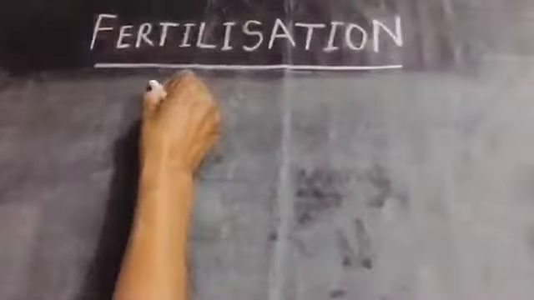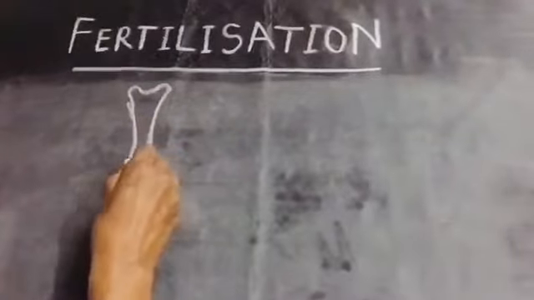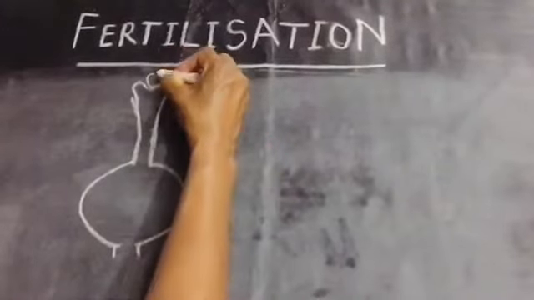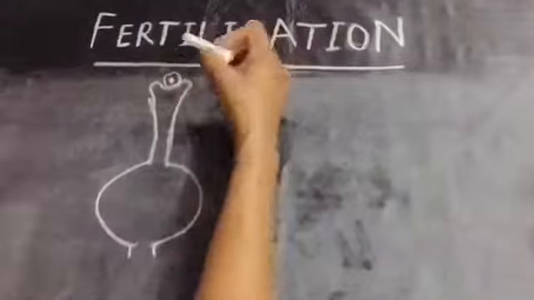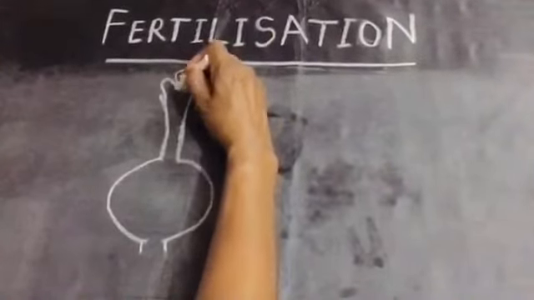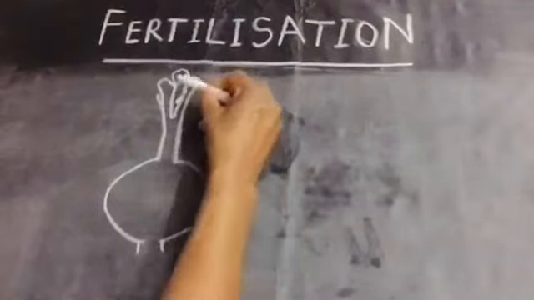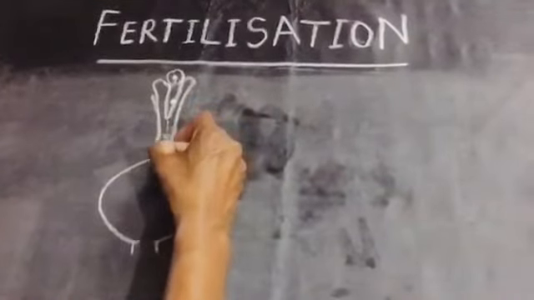This is the stigma, this is the style, and this is the ovary. Pollen grain fallen on the stigma leads to pollination. So the pollen grain germinates down through the style in the form of a pollen tube. This is the pollen tube. The pollen tube grows downwards through the style, sensing a chemical.